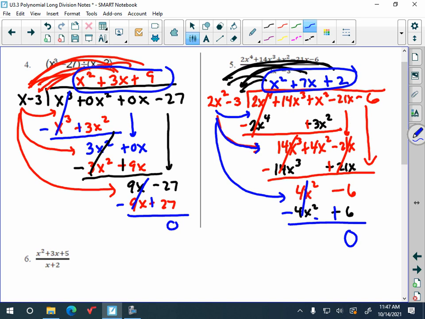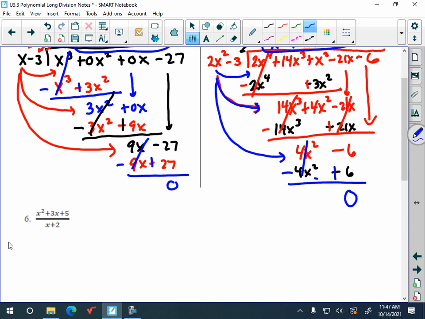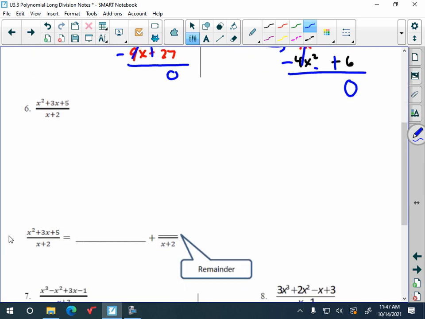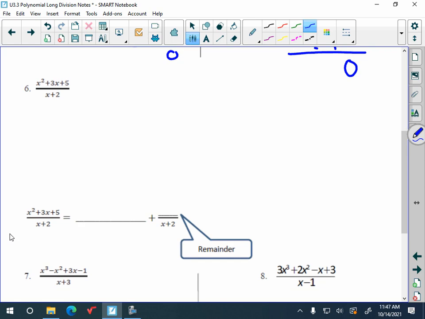All right, so now we're going to look at problems where the remainder is not 0. So the only difference is how you're going to tack on the remainder part to the answer. All right, so let's go ahead and do 6. That's pretty quick. All right, so x goes in x squared, x times.